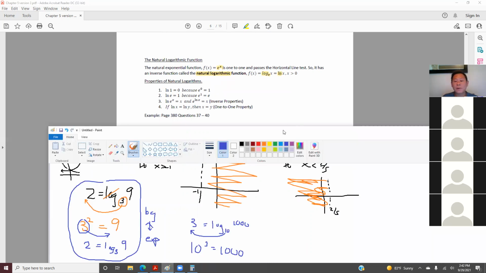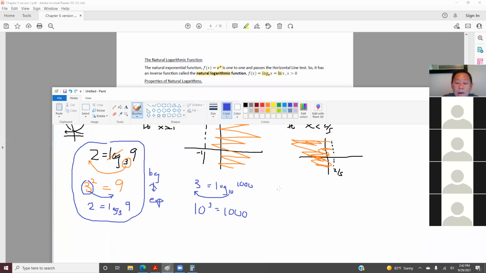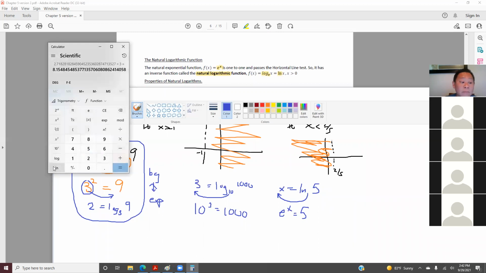So for example, if I say x is ln 5, and I want you to change it back to exponents, you can move this base, and the base in this case is e. So you will get e^x equals to 5. So don't forget, for ln the base is e, and for log the base is 10. In your calculator, you will have these two, log and ln.